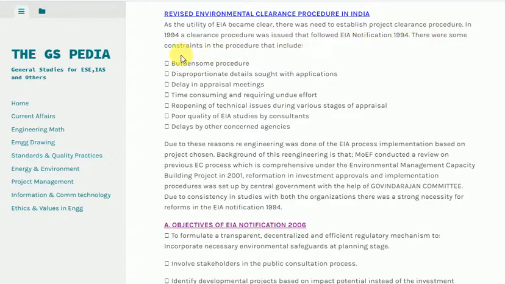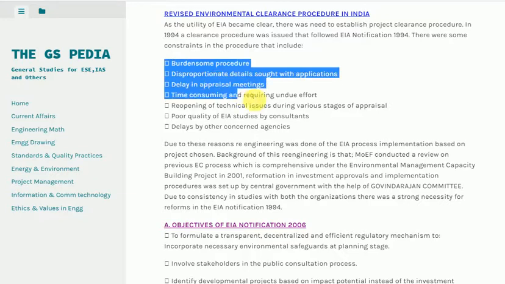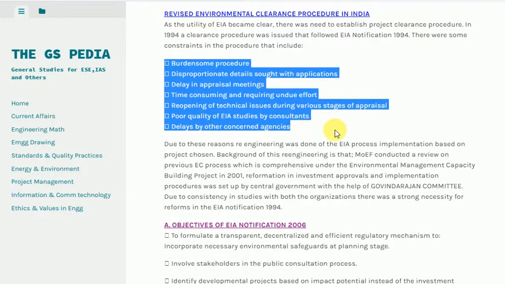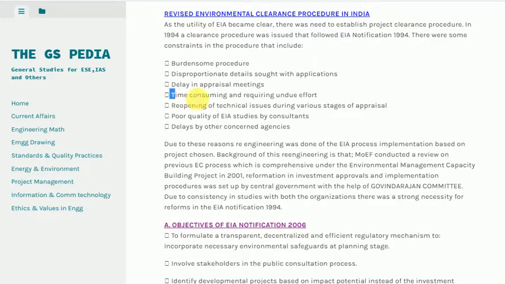There were some constraints in the procedure that include burdensome procedure, disproportionate details sought with applications, delay in appraisal meetings, time-consuming and requiring undue effort, reopening of technical issues during various stages of appraisal, poor quality of ESE studies by consultants, delays by other concerned agencies.